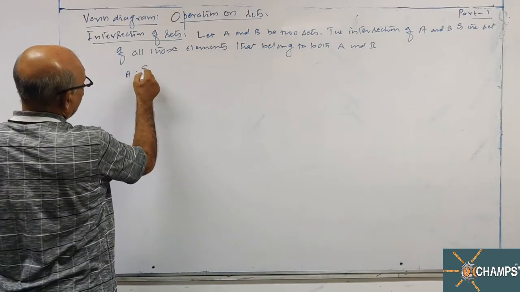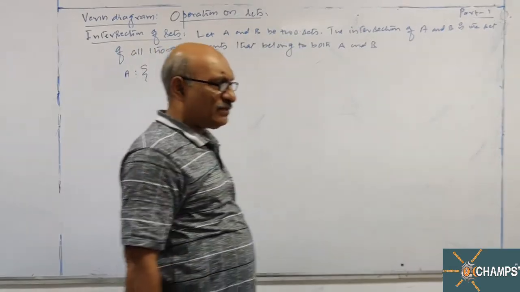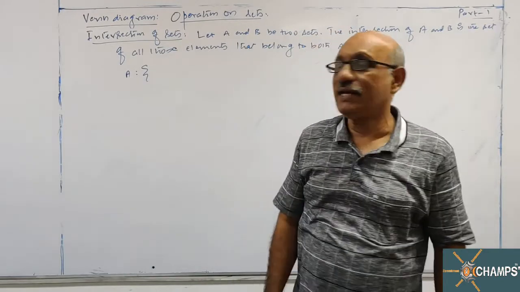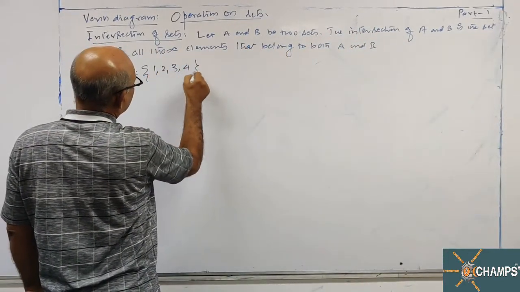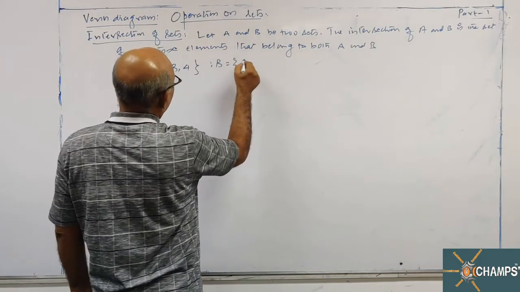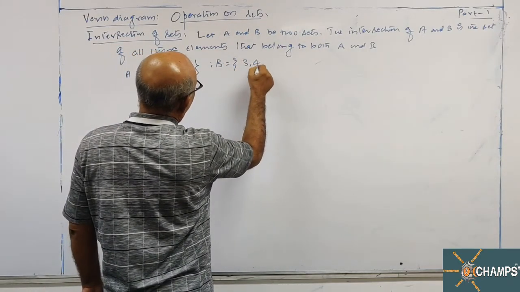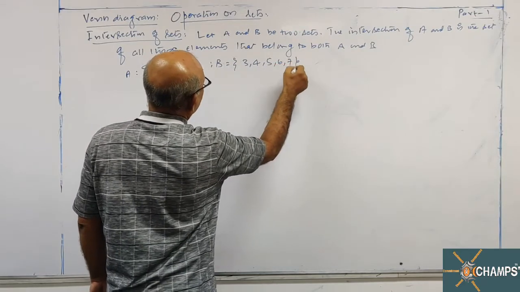Now let us see the first example. When I put a numerical example in front of you, it will be very clear. A is equal to {1, 2, 3, 4}. B is equal to {3, 4, 5, 6, 7}.